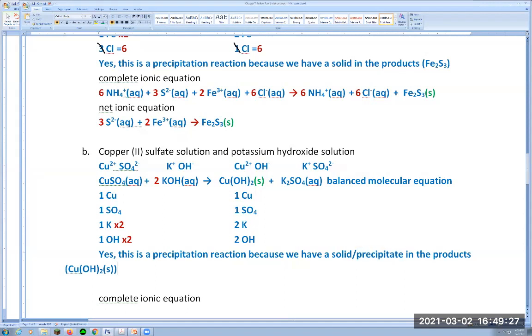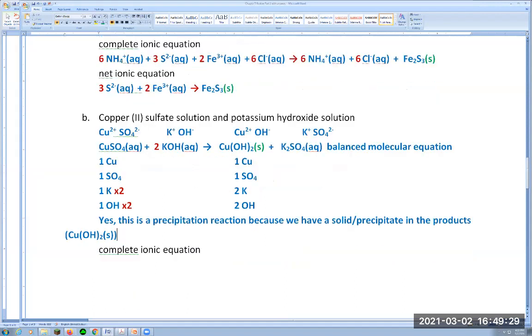So let's write the complete ionic equation now. Anything that is aqueous needs to be a mixture of ions. So we will need to change all these 3 compounds into a mixture of ions. So let me reuse what I have above here. And then we'll have these 2.